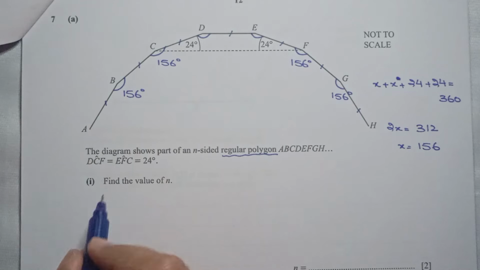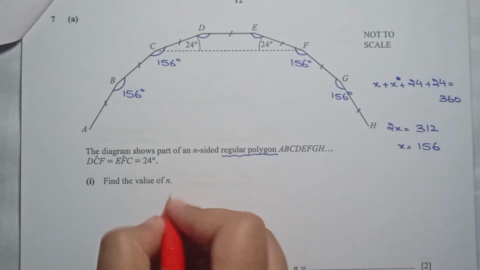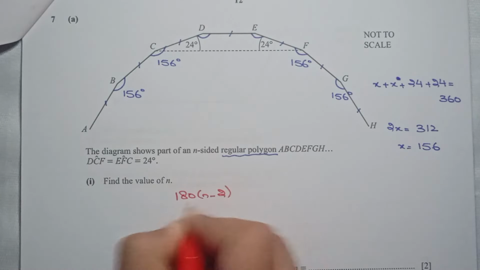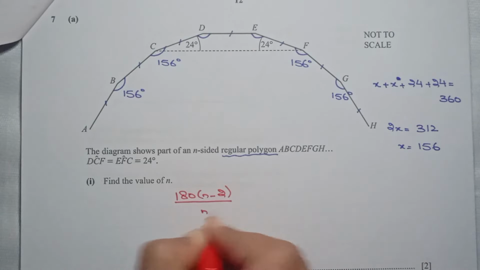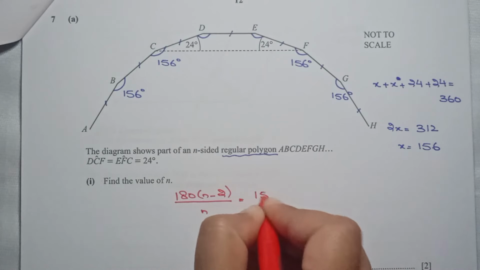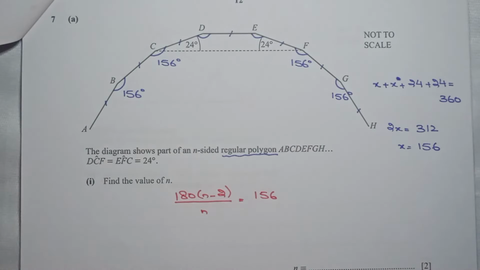Now we need to find the value for n. If it is a regular polygon, we use the formula 180 into n minus 2, divided by n, equals the interior angle, that is 156. Right, now we can easily find the value for n.